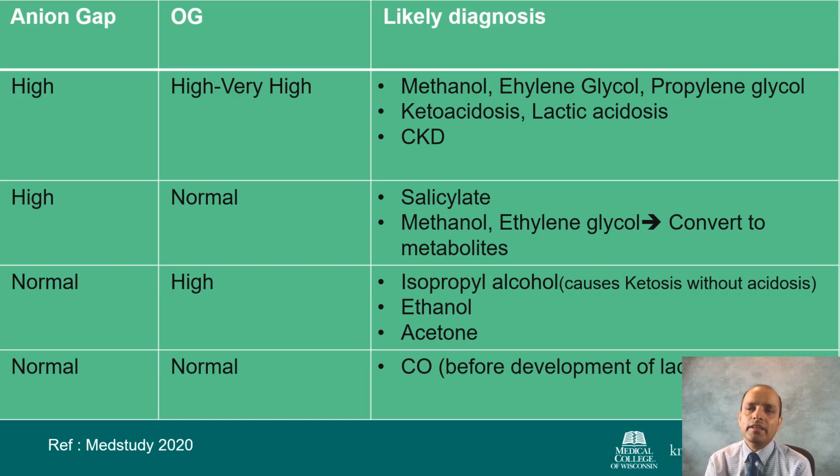And ethylene glycol is antifreeze. Typically these people present with flank pain because of calcium stones, and very high anion gap and osmolar gap. Salicylate, on the other hand, causes a mild anion gap acidosis. It also causes respiratory alkalosis.